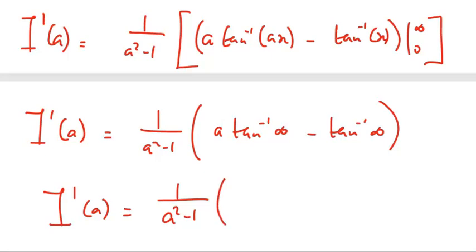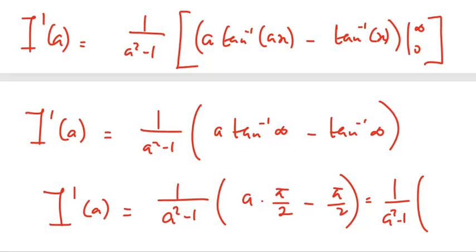So it is giving us, or you need to factor out the pi over 2, right? So a multiplied by pi over 2 minus pi by 2. So this is the same as 1 over a squared minus 1. So a into brackets, oh, is that a or pi by 2 in the brackets, okay? So there will be no space for this here. So let's go to the next line.